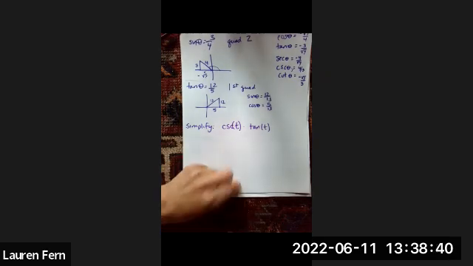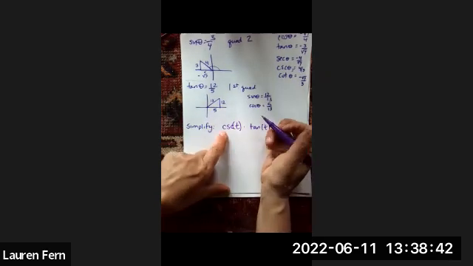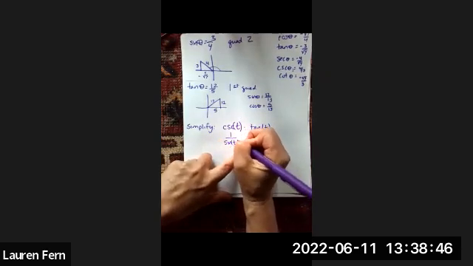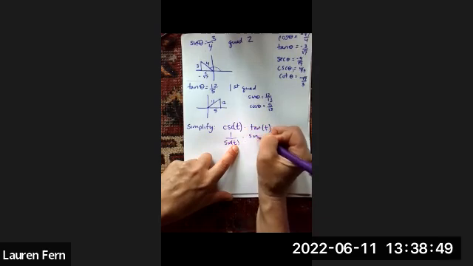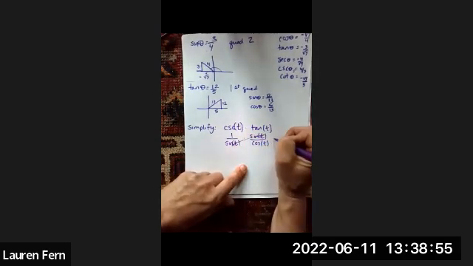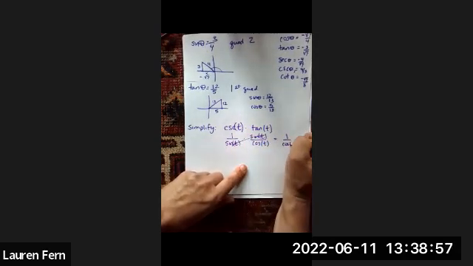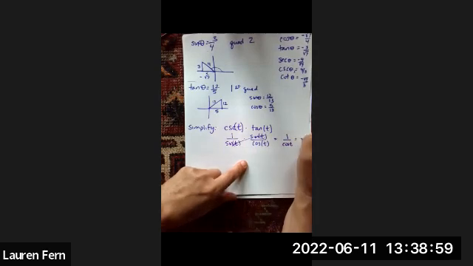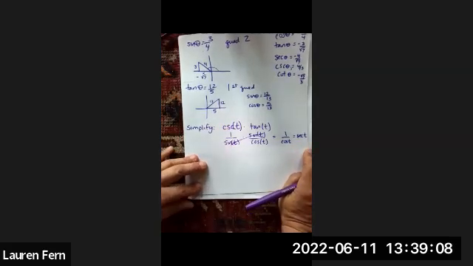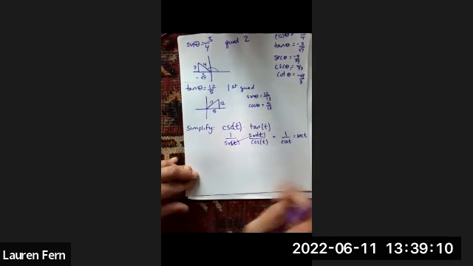My hint to you, put everything in terms of sine and cosine. Okay, cosecant is 1 over the sine. The tangent is the sine over the cosine. Those cancel, we get 1 over the cosine, which is the secant. Is this something to memorize? Absolutely not. Okay, you're just playing around with the relationships.